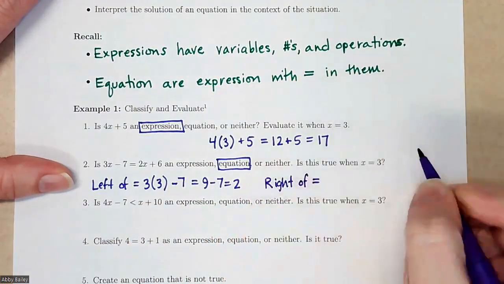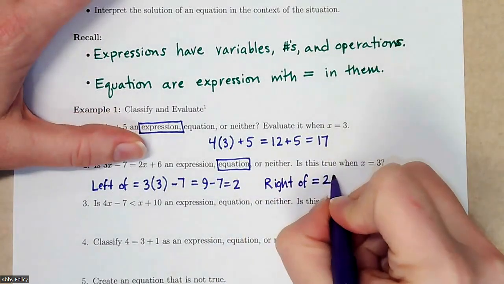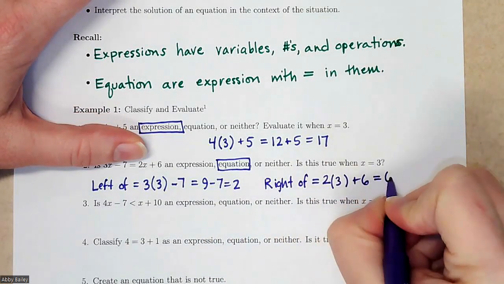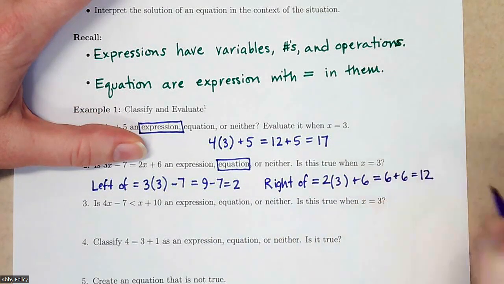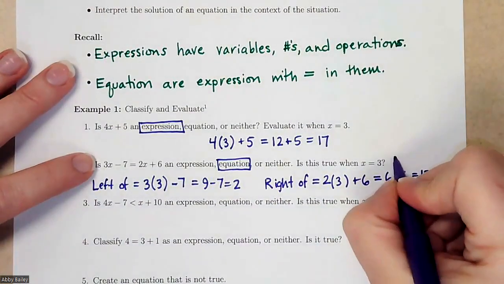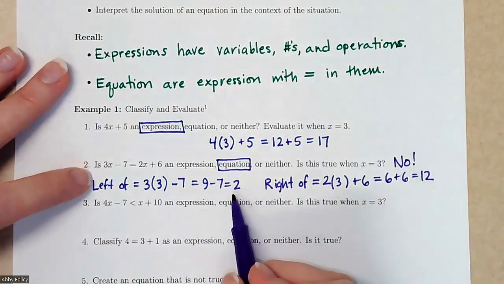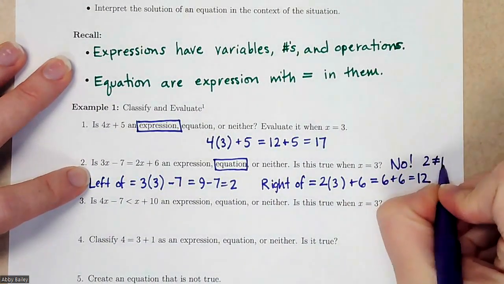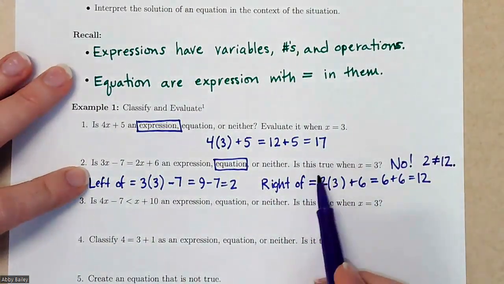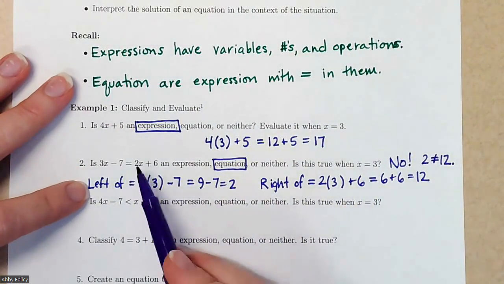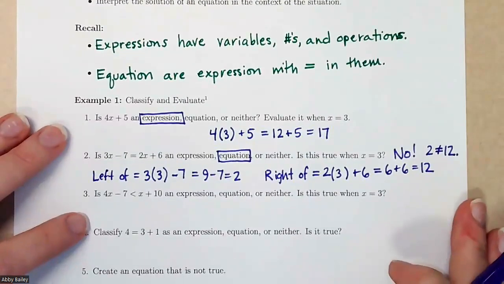Right of equals is 2 times the value of x, which is 3, plus 6. So that's 6 plus 6 or 12. No, 2 does not equal 12. So is it true? No, it is not true when x equals 3. They do not equal each other.